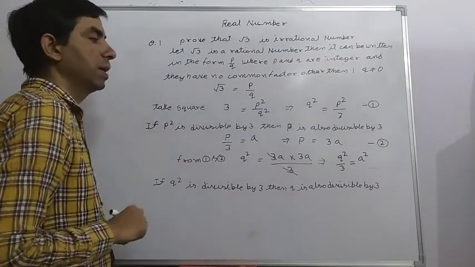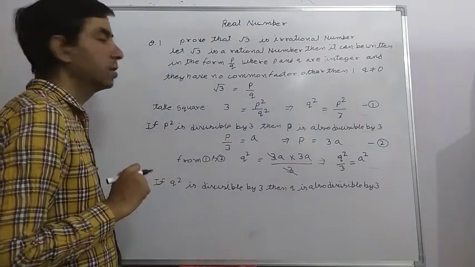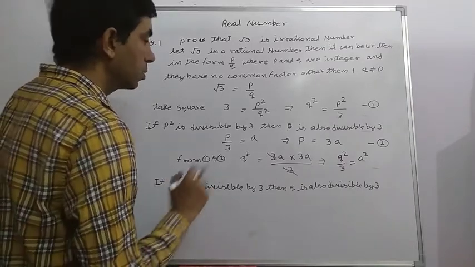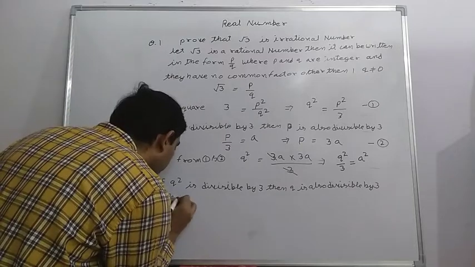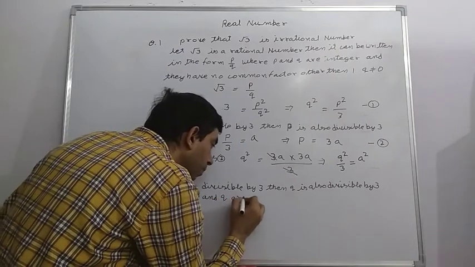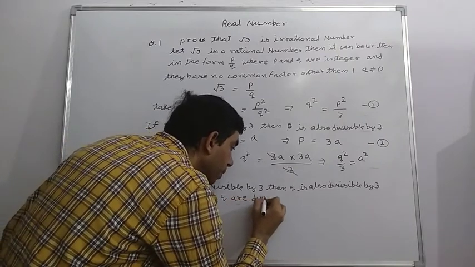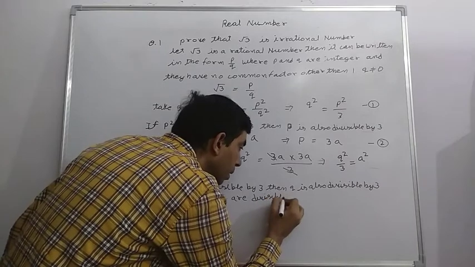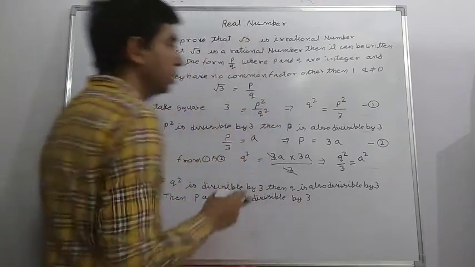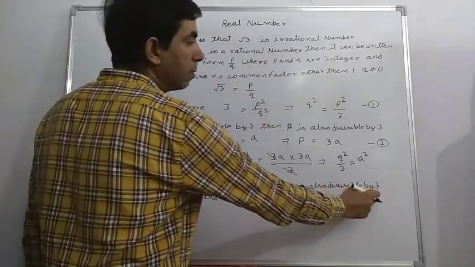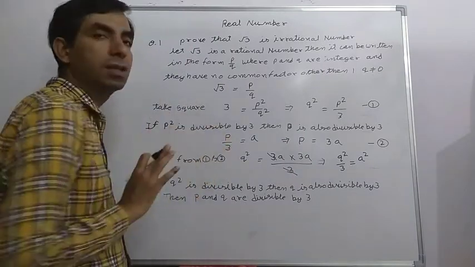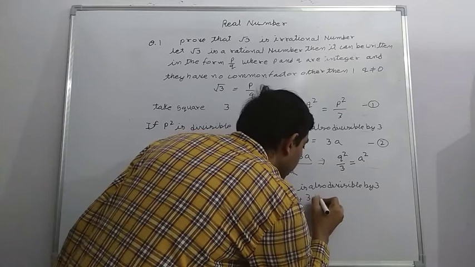So p and q are both divisible by 3. Means if q is divisible by 3 and p is also divisible by 3, then p and q both are divisible by 3. Hence they have a common factor.